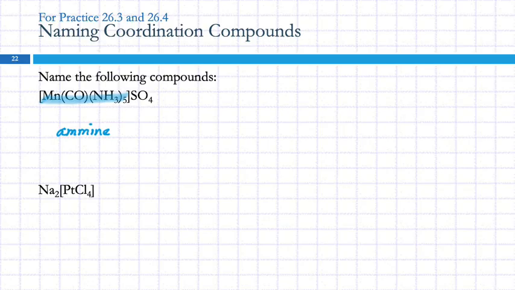So this is pentaamine. And how many of these carbonyls? Just 1. So we're not going to use a prefix there. Carbonyl. And then we have our metal. So Mn is manganese. Manganese. And we need a Roman numeral.